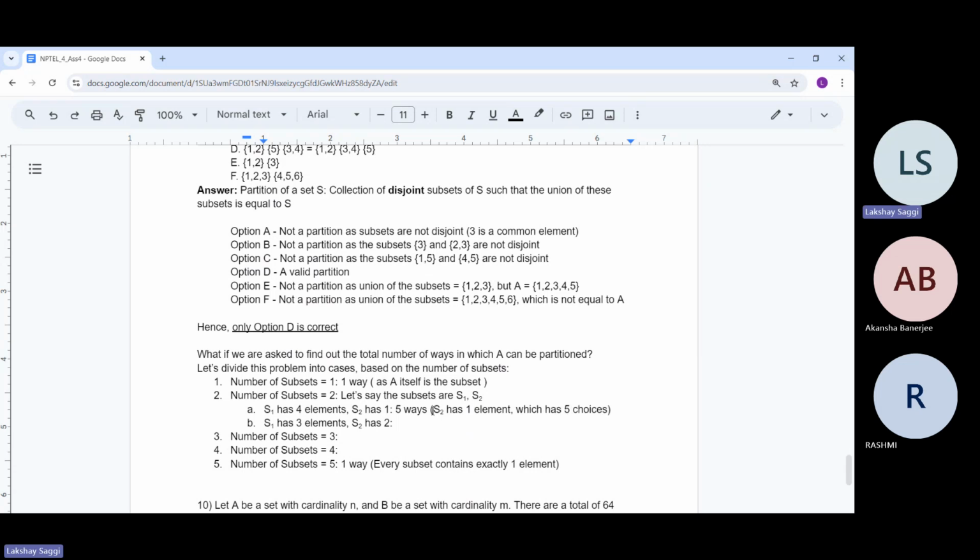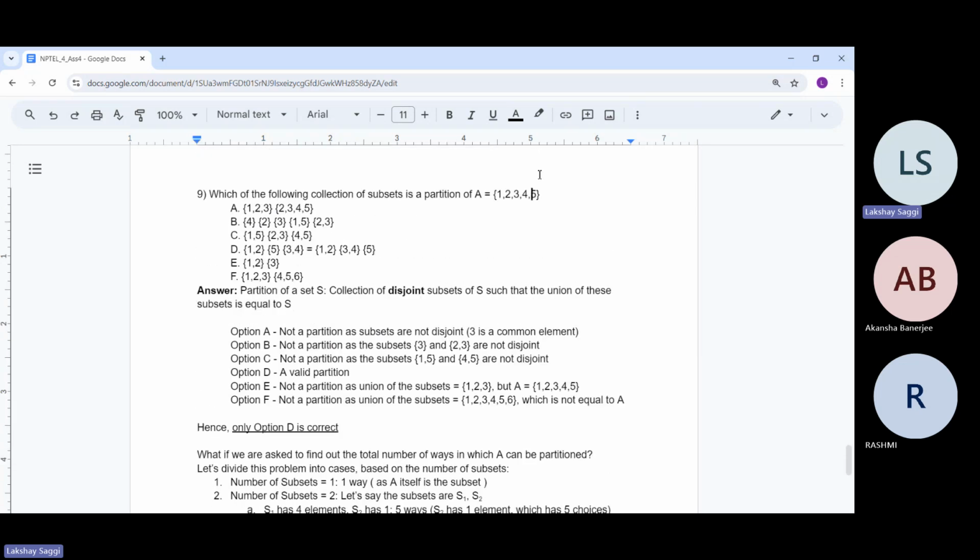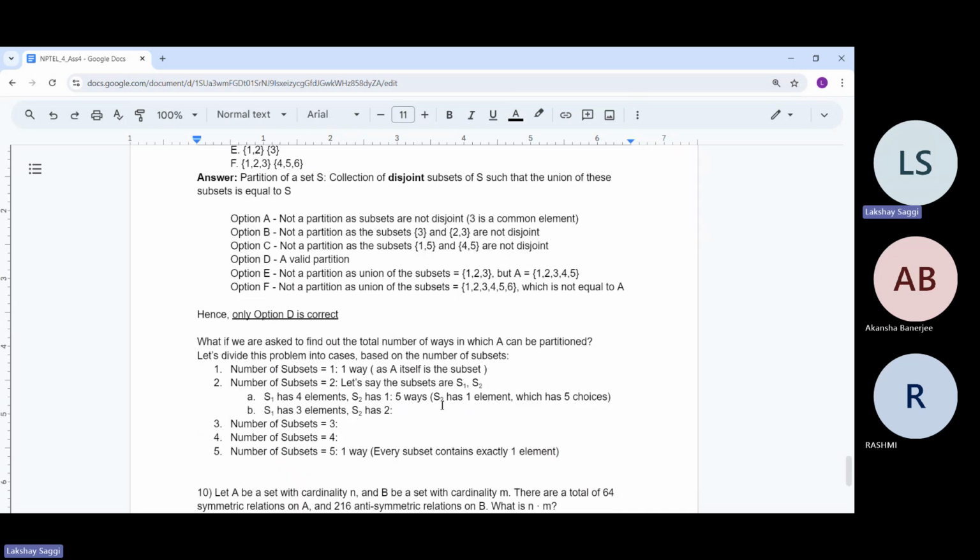That element can be 1, 2, 3, 4, or 5. Whatever S2 is, S1 will just be the complement of that. If S2 is 5, then S1 will be 1, 2, 3, 4. If S2 is 2, then S1 will be 1, 3, 4, 5, and so on. As soon as we choose S2, S1 will be fixed for us. So there are 5 ways when S2 has only 1 element.